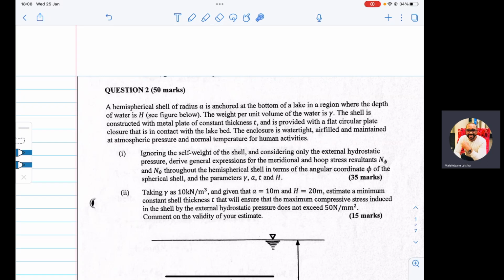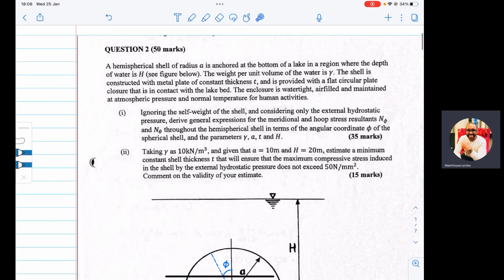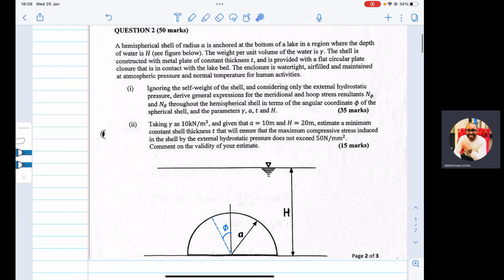So basically, shells are capable of resisting external transverse loadings by extensional action, which is what? Curvature. Okay, so today we're going to be dealing with the analysis of a spherical dome.